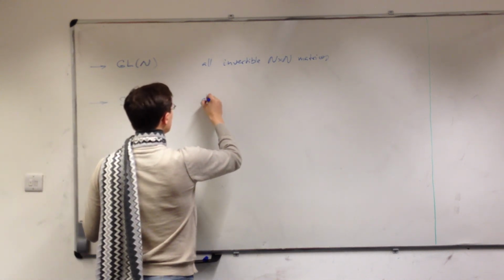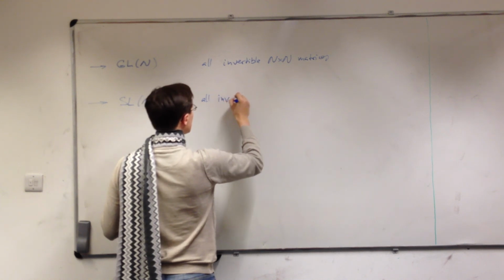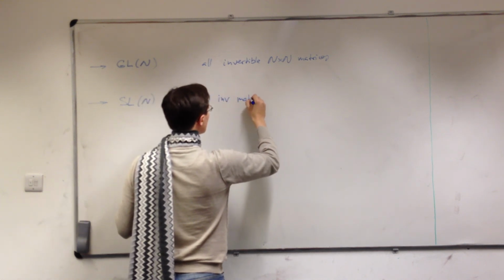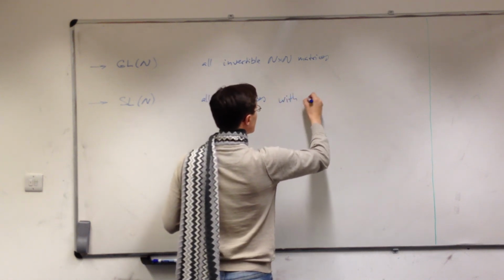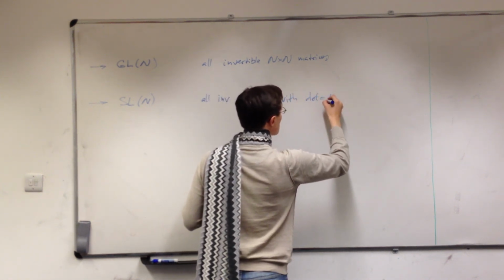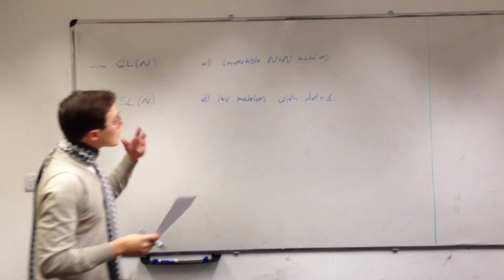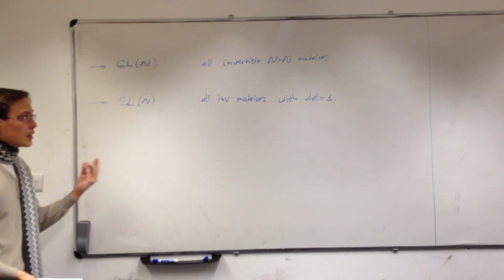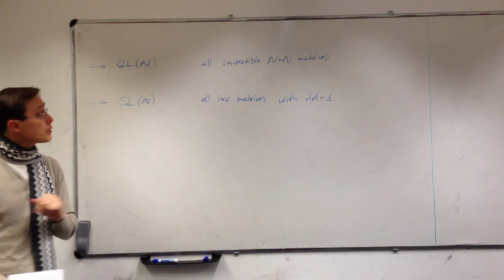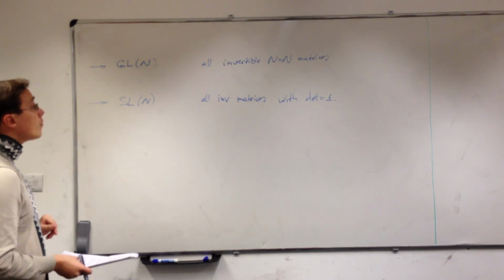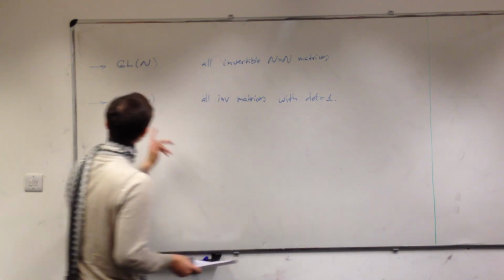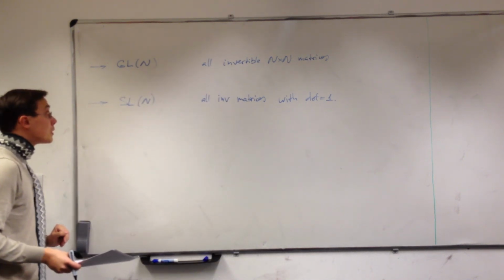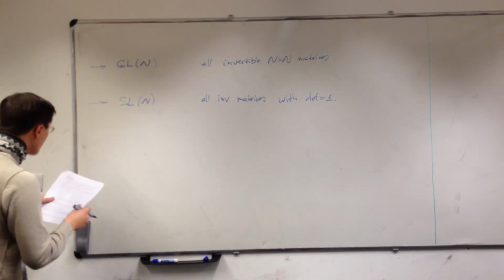It is all invertible matrices of the same dimension with determinant equal to 1. And because determinant in a sense is giving us the extent to which the angles and volumes are preserved, that is necessary, and for the reason of there being this extra condition, this is called a special linear group rather than the general linear group.